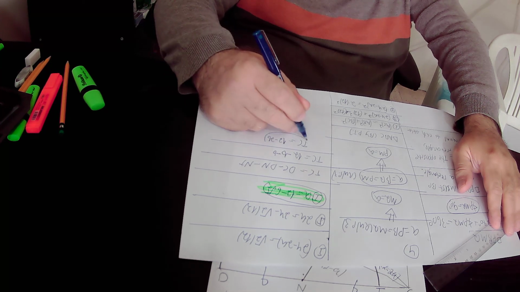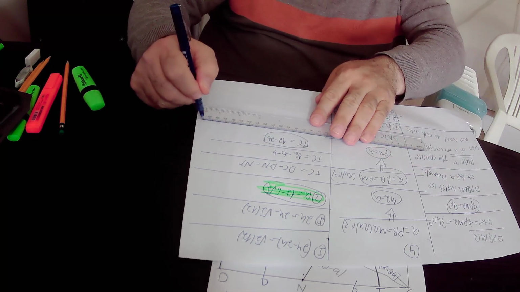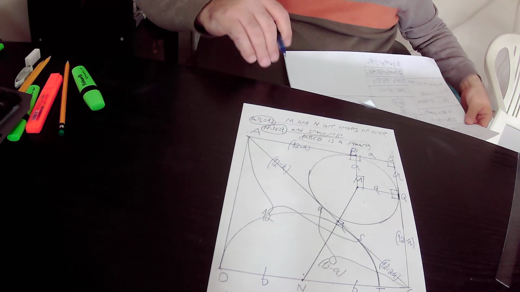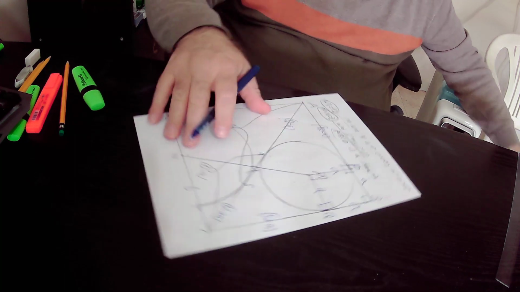So we can write here that TC is equal to 12 minus 2B.